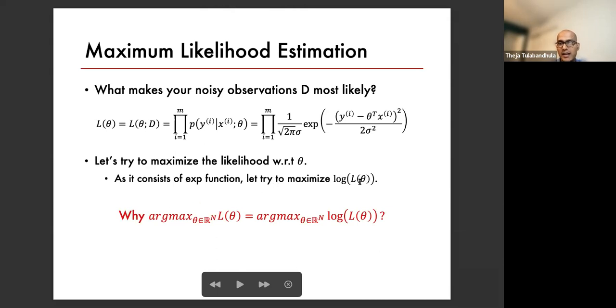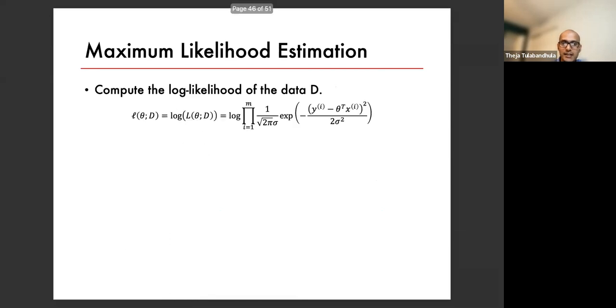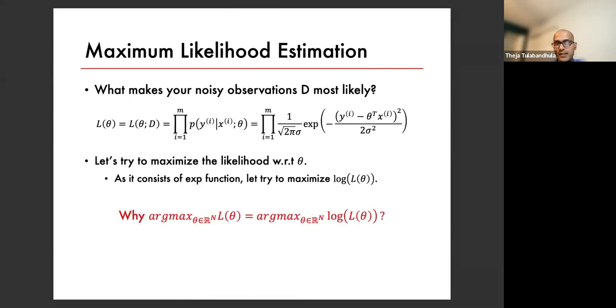Why we can do this is exactly because of a claim: the theta that maximizes L theta is the same theta that also maximizes log of L theta. Why is that? We need to justify it, but let's come back to that later.